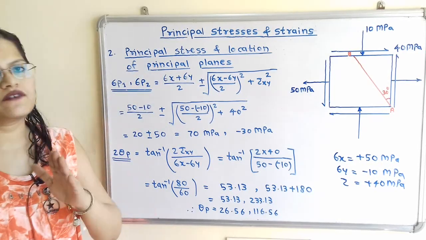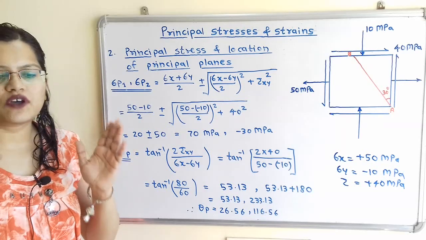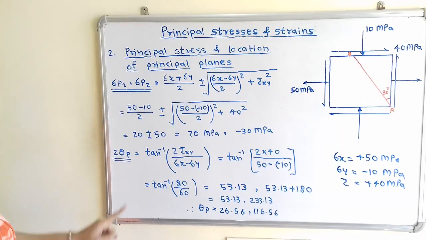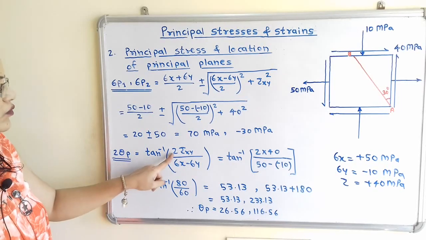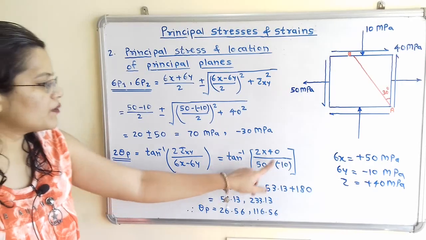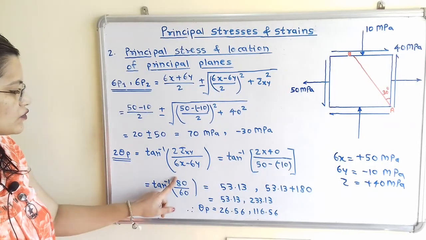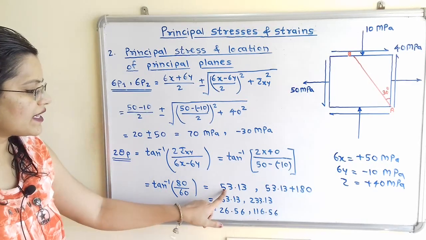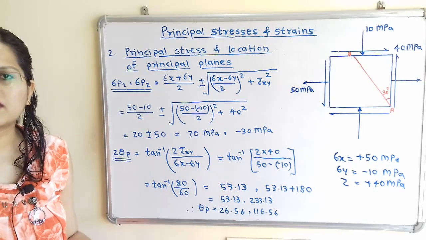Now we will find out the location of principal planes. So this location we will measure in terms of angle theta p. So we have the formula 2 theta p is equal to tan inverse of 2 tau xy by (sigma x minus sigma y). So when we put the values, we will get tan inverse of 80 by 60. When we calculate this, we will get the angle 53.13 degree.